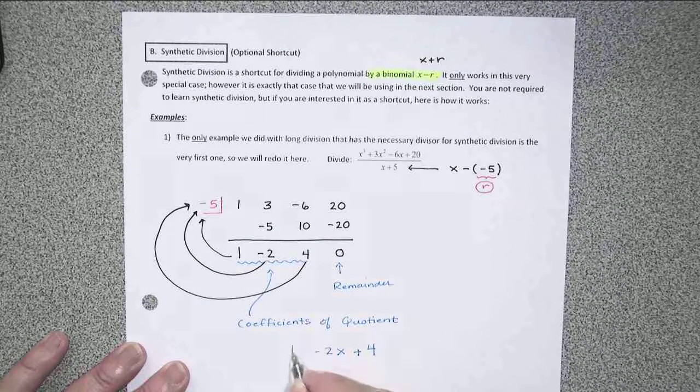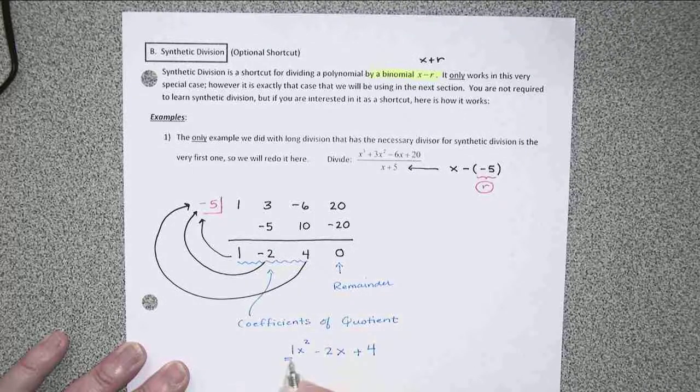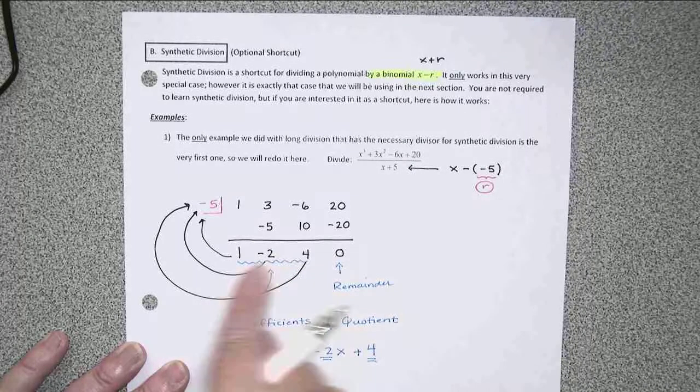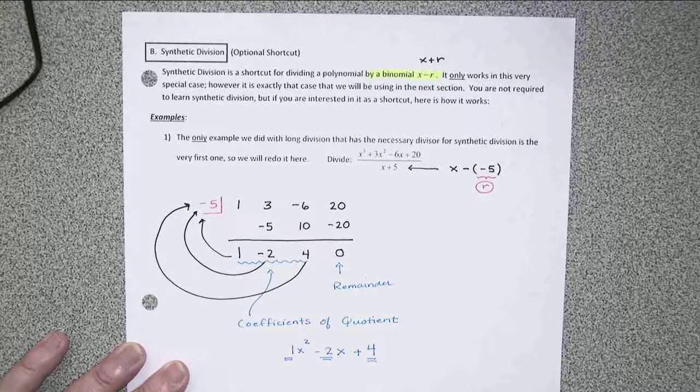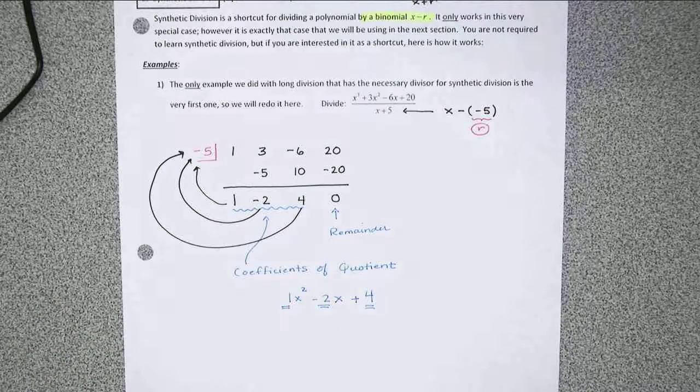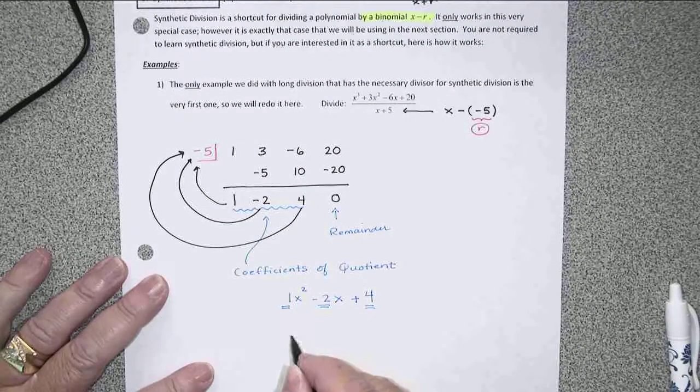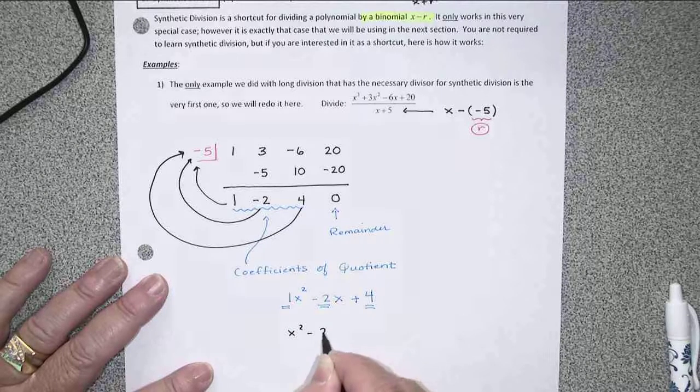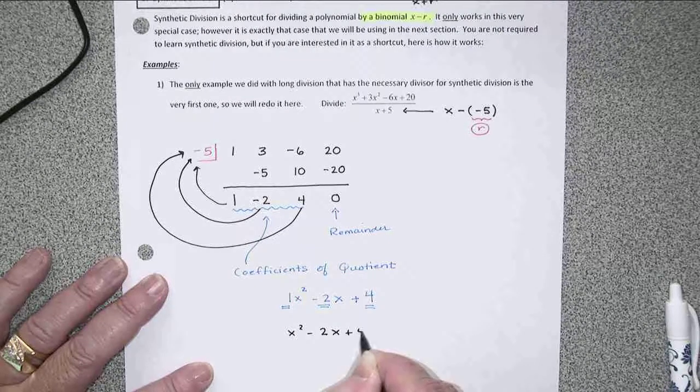And this one would be 1x squared. So I got the 1, the negative 2, and the 4. Those are the coefficients of my quotient. And that's actually the final answer. The answer to this division problem is x squared minus 2x plus 4.